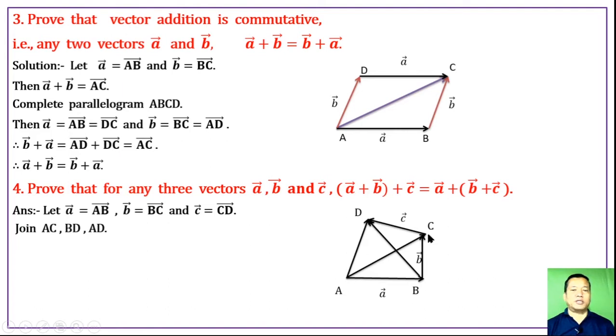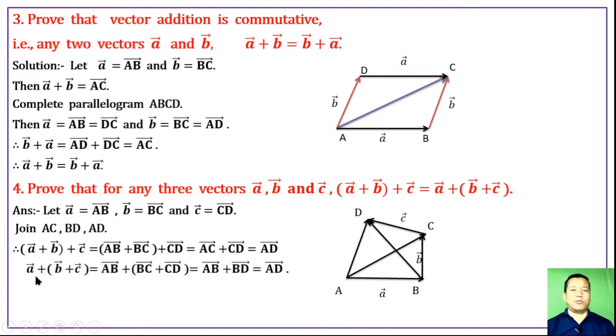Join A to C, B to D, and A to D. Therefore, A vector is AB vector, B vector is BC vector, and C vector is CD vector. By definition of vector addition, AB plus BC is equal to AC vector. Again, AC vector plus CD vector is equal to AD vector.